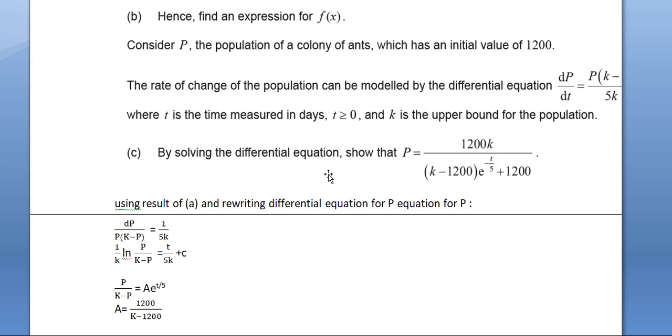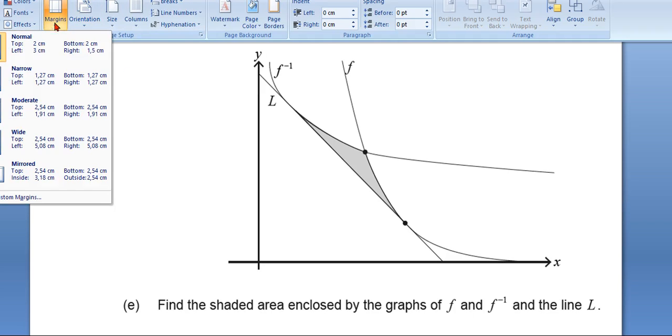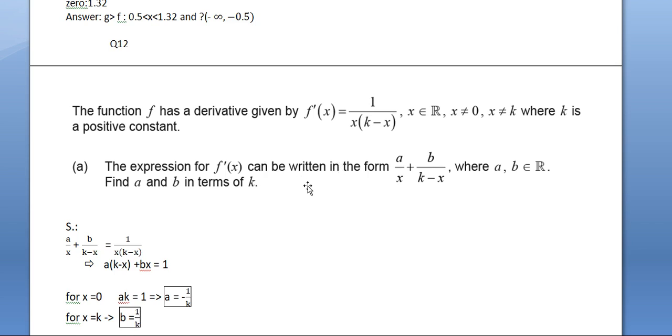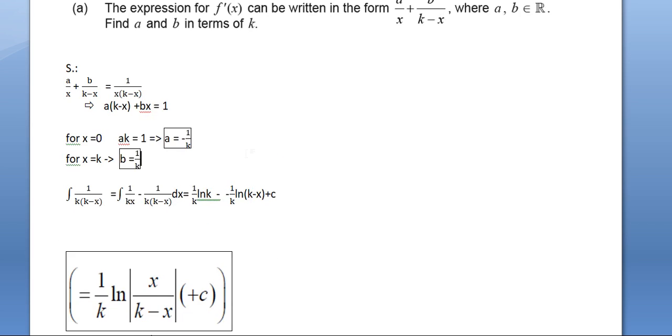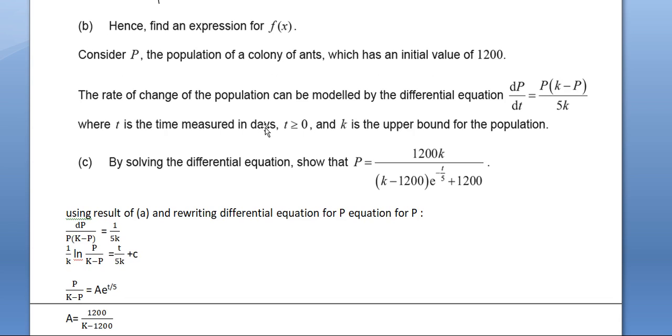How we are going to use it? I'll change margins. Okay, right. So they give us example how sum can be turned into ratio and how easily it can be integrated, and we use this for population of ants.